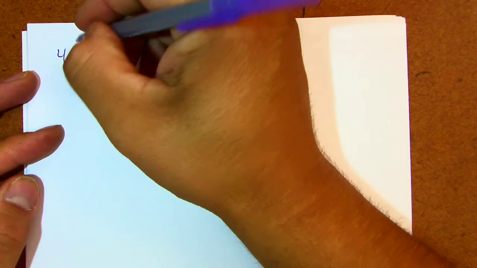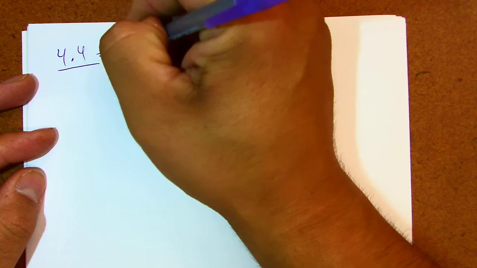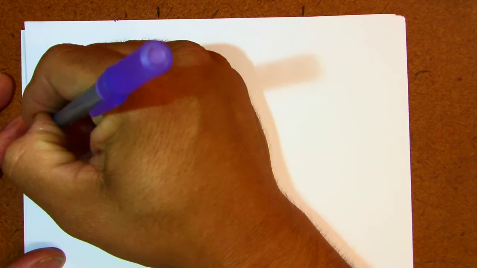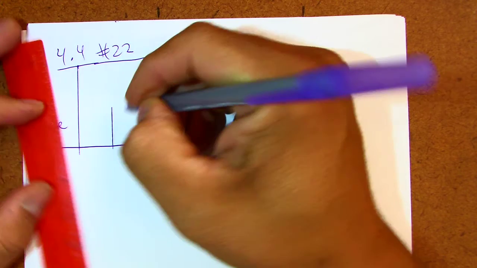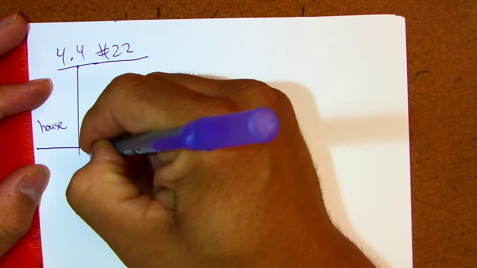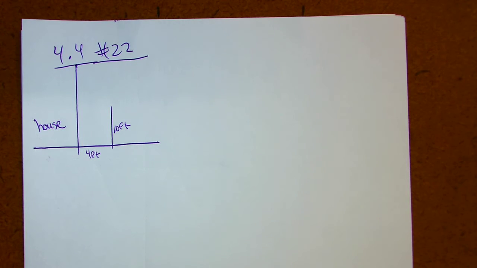All right, so let's see. 4.4, number 22. So it says a 10-foot tall fence runs parallel to the wall of a house at a distance of 4 feet. Okay, so it looks something like this.